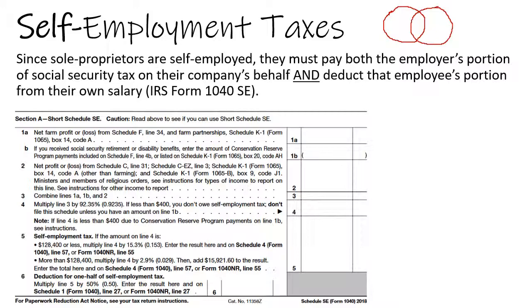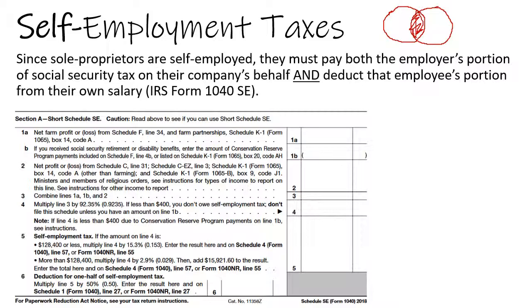Since for a sole proprietorship, the income of the company is the same as the income that passes through to the owner, this means that there's an overlap here of 7.65%.